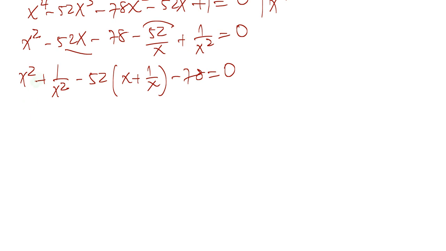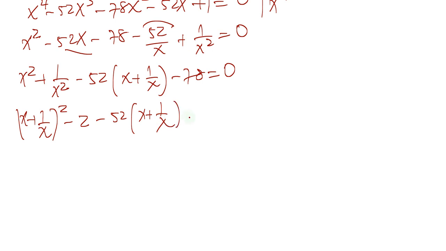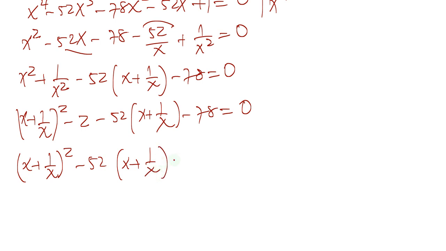So from here I can write this one as x plus 1 over x to the power of 2 minus 2, minus 52 times x plus 1 over x, minus 78 equals 0. So this is then x plus 1 over x squared minus 52 times x plus 1 over x, right? And then minus 80, and then this is 0.